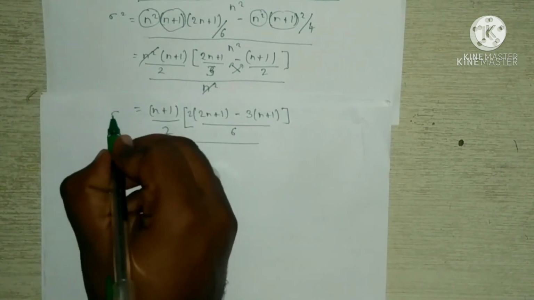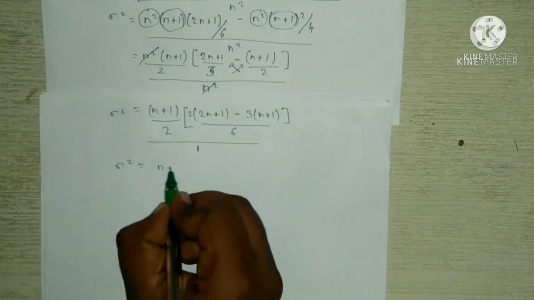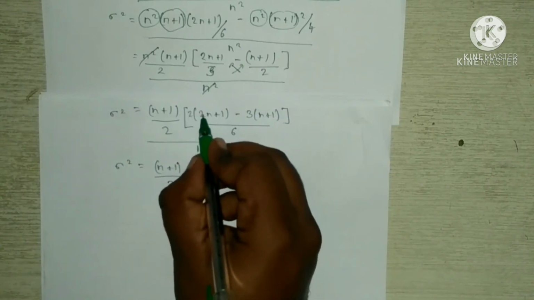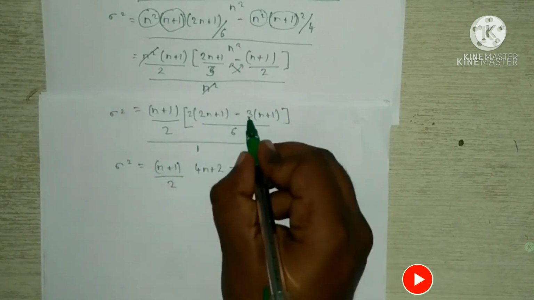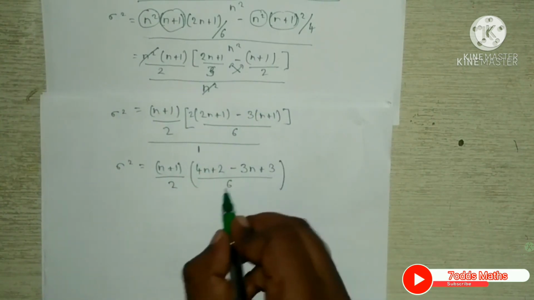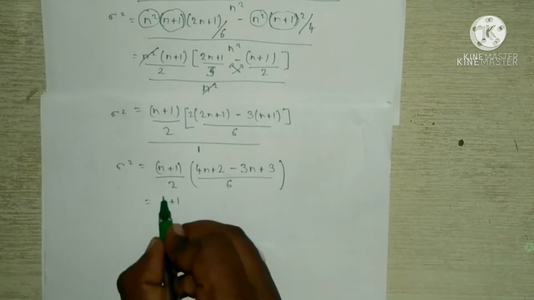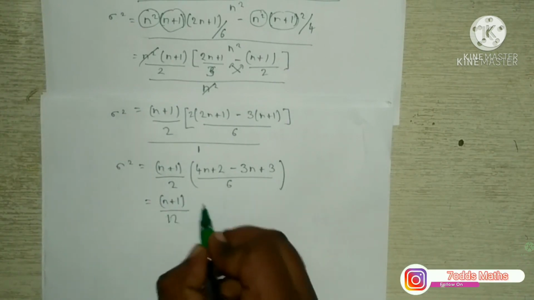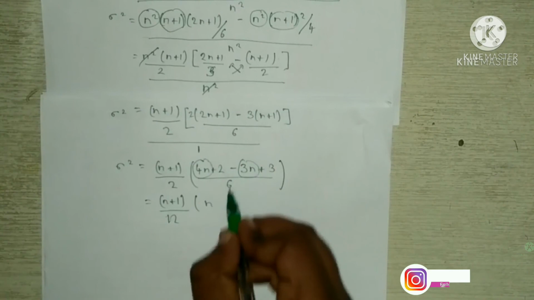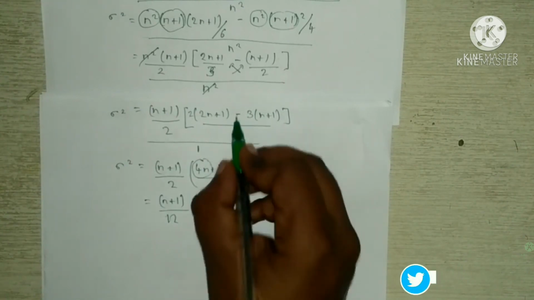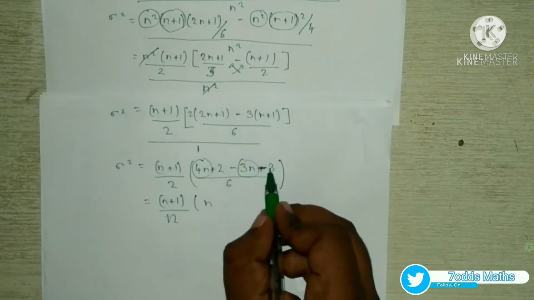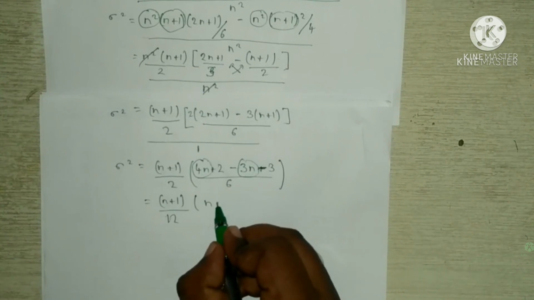Next, sigma square is n plus 1 by 2 into 4n plus 2, that is 2 into 2n, minus 3 into n, that is 3n plus 3, all divided by 6. Taking 6 outside, n plus 1 all divided by 6 into 2 is 12, then 4n minus 3n is n, and 2 minus 3 is minus 1.